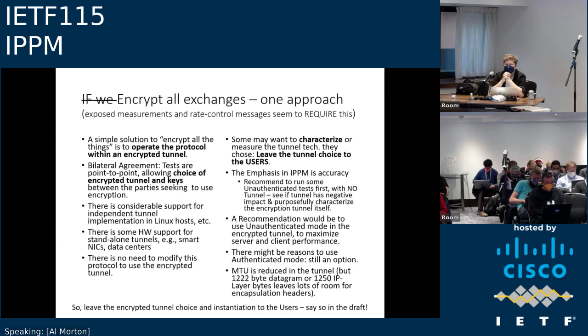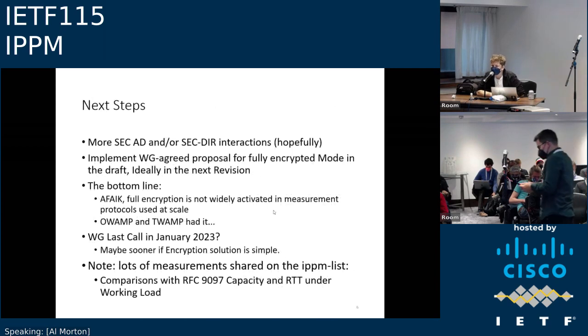We don't see a need to modify the protocol to do this. It'll work just as well. So that's what we'll do in the draft. And this is the kind of thing I just wanted to talk about for a few minutes if folks have comments on this. All right, so I'll let people think about that while we go on to the final slide.